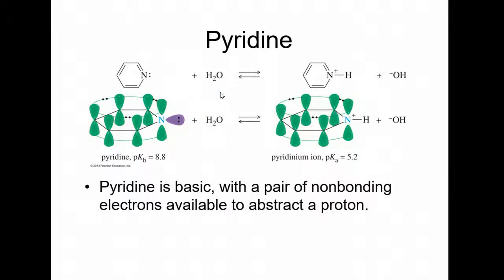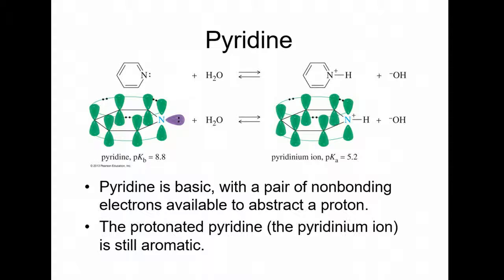So pyridine is basic, with a pair of non-bonding electrons available to extract the proton. If these lone pairs were preoccupied in the pi system, do you think it would be a base at that point, or a very weak base? It'd be a very weak base because the electrons are preoccupied in the aromatic resonance. They would not be available for a hydrogen, but in this case they are, so it acts as a base.